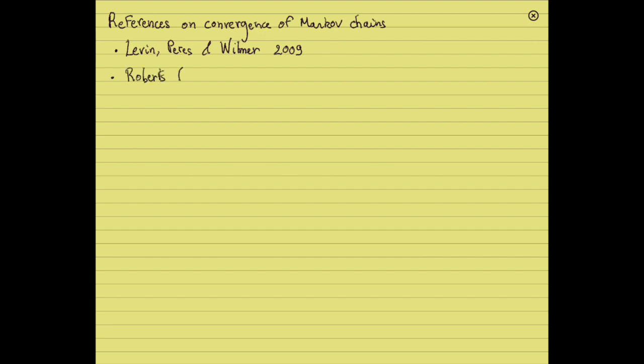It's freely available online, called Markov Chains and Mixing Times. It focuses on the case of discrete state spaces, but it's very clear. There's Roberts and Rosenthal, focusing on the continuous case, continuous state spaces. That's a review article from 2004. And there's a review article by Mark Jerrum in 98, a bit older, but very insightful as well. That one is mostly on discrete state spaces.